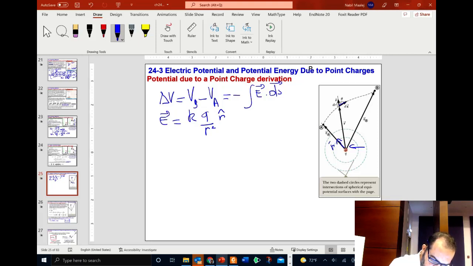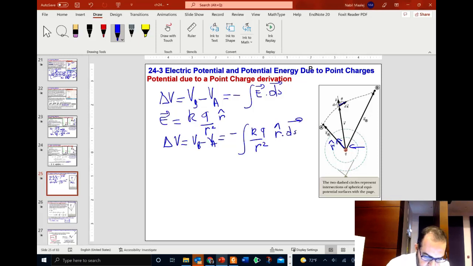So we replace it in this integral to determine delta V, which is V_B minus V_A. It is minus the integral of kQ divided by r squared, unit vector r, dotted with the displacement vector ds.